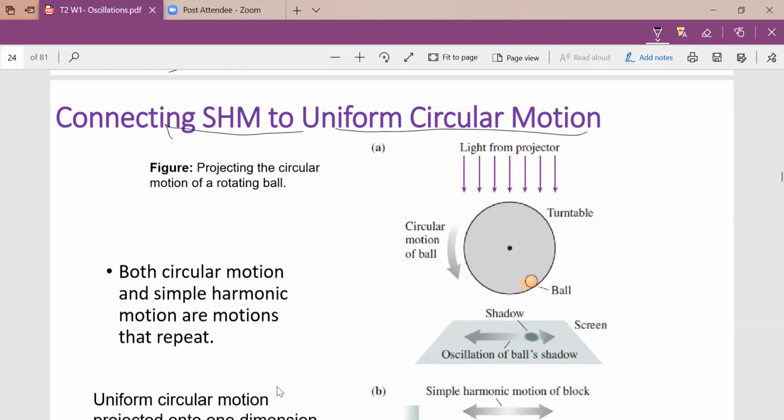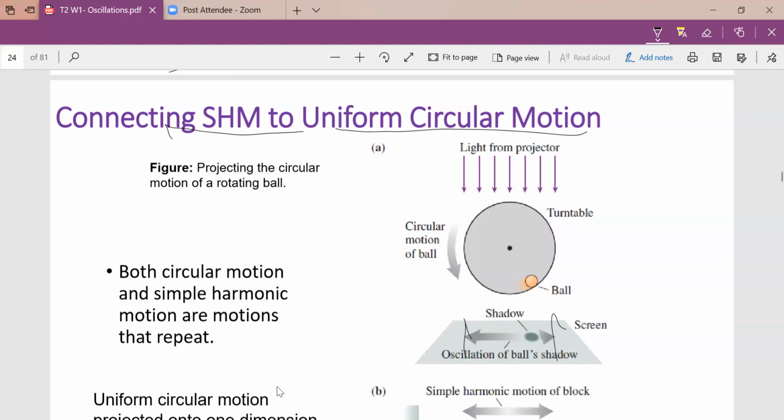And we'll be able to prove that circular motion is actually simple harmonic motion or oscillatory motion within an oscillatory band, which is defined by these 2 arrowheads.